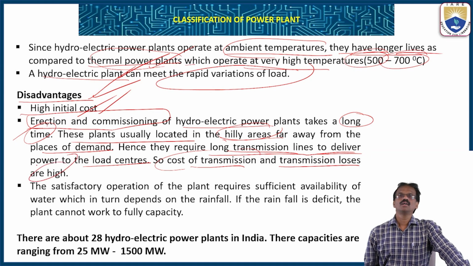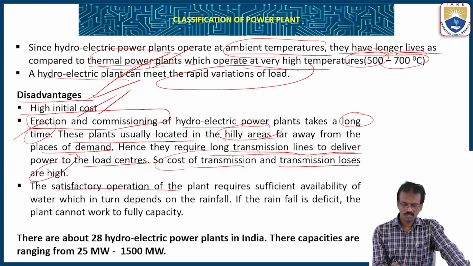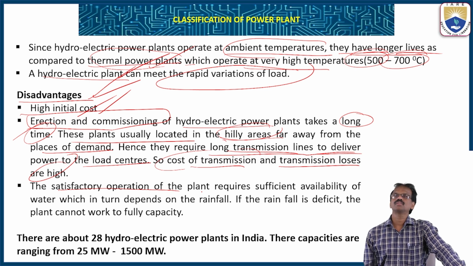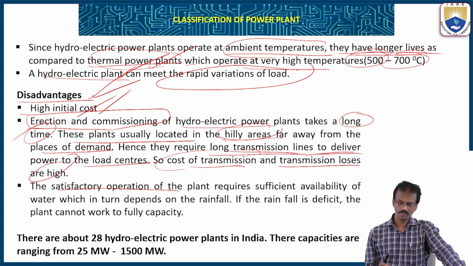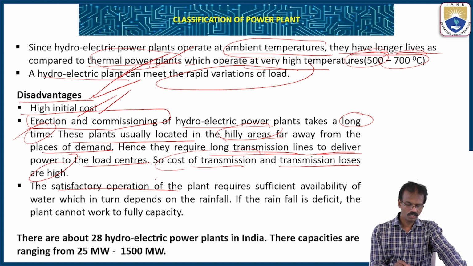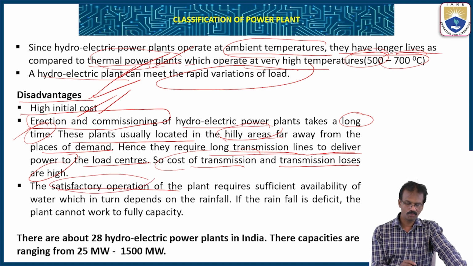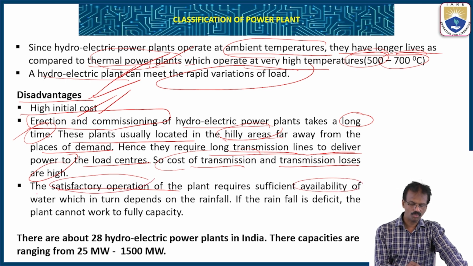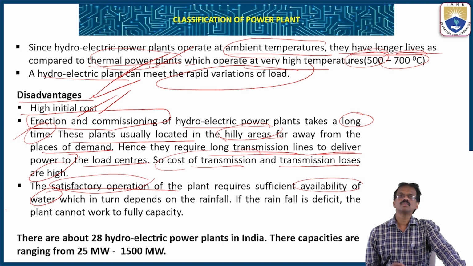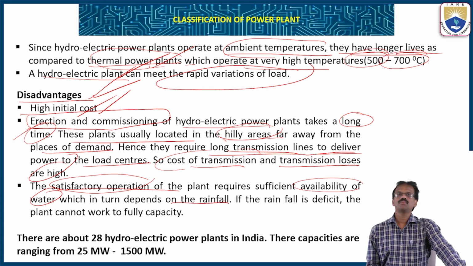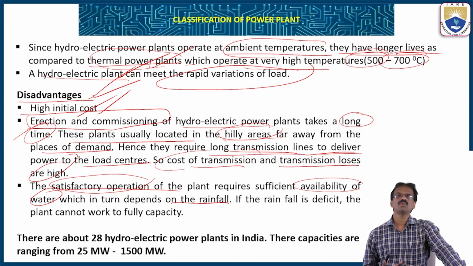Next one is that satisfactory operation of the plant requires sufficient availability of water, because the continuity of running of this power plant depends upon the availability of water, which in turn depends on the rainfall. Due to rainfall, water will be collected, and based upon the availability of water, this power plant works.